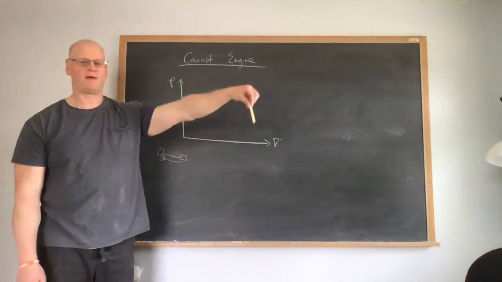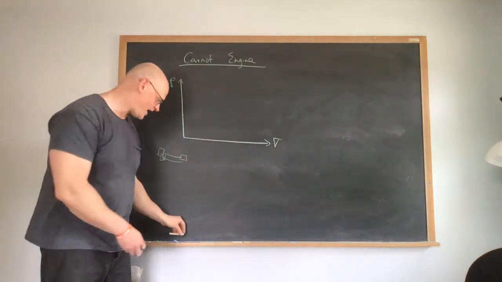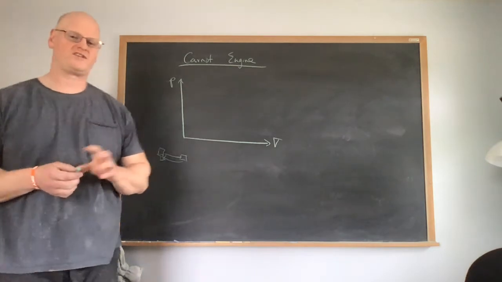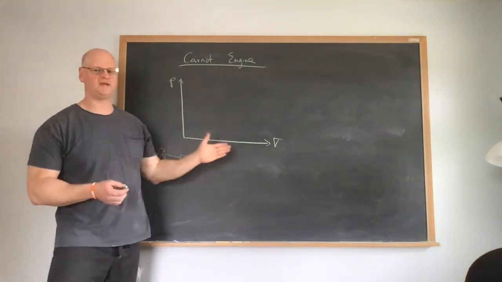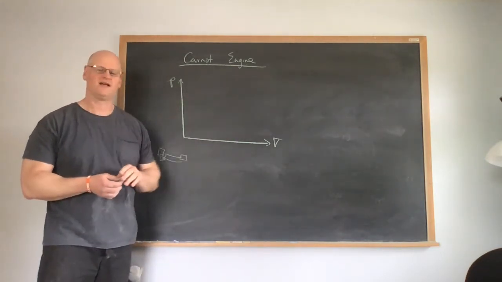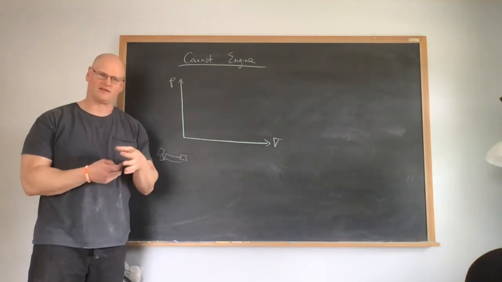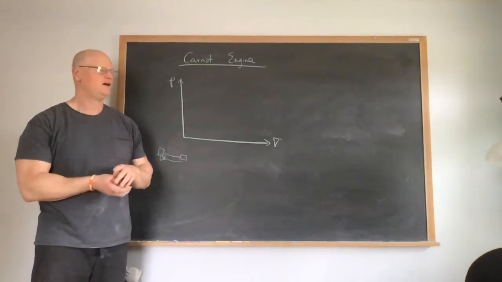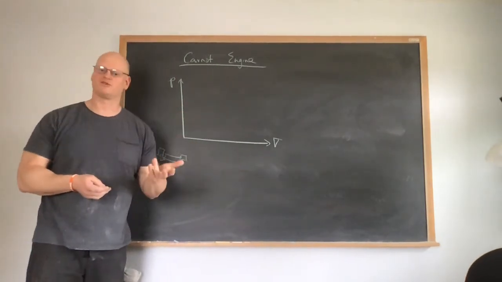So a Carnot engine is an engine which allows for this to be fully reversible, which basically means that it's ignoring things like friction or anything that's going to take energy away from the system, or cause it to be an irreversible process.